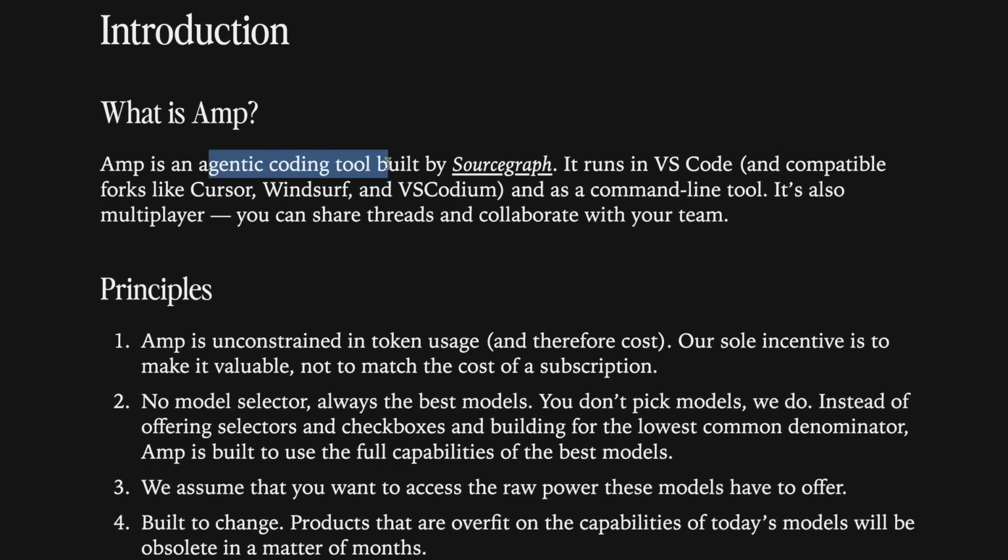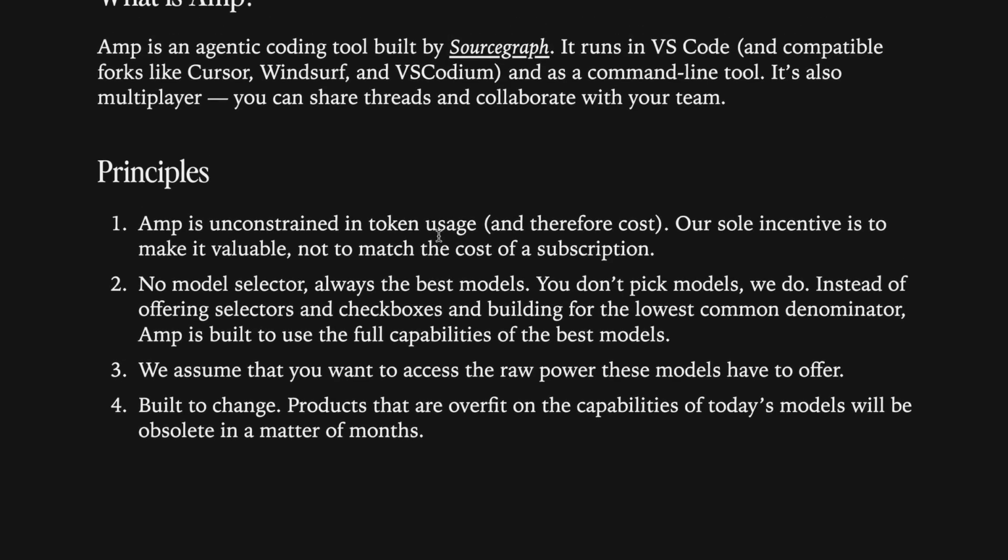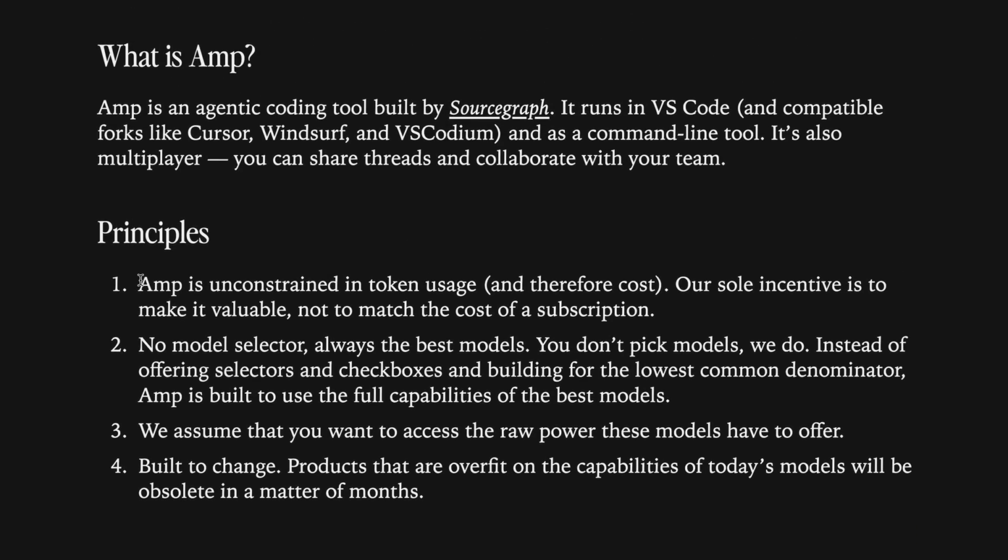Basically, it's an agentic coding tool. It is a VS Code extension, which means it's easily plug and play, and it can also run as a command line tool. It's also multiplayer, meaning that you can share threads and collaborate with your team, which is kinda cool. It is not open source, which is a bummer, but still, it's fine. They say that AMP is unconstrained in token usage and therefore cost.